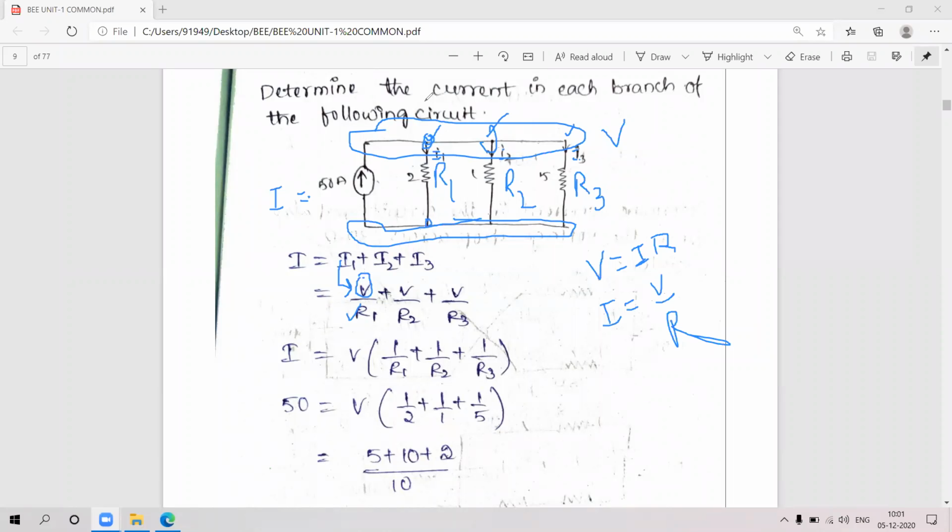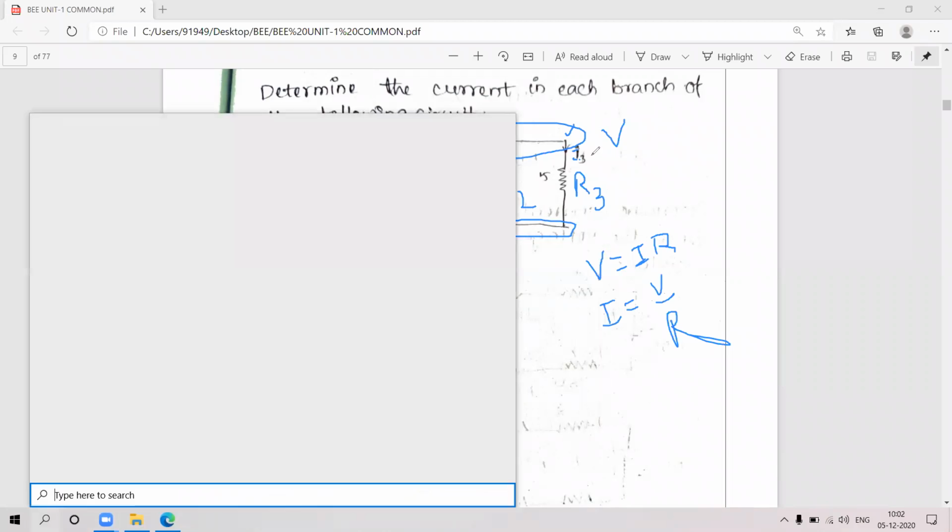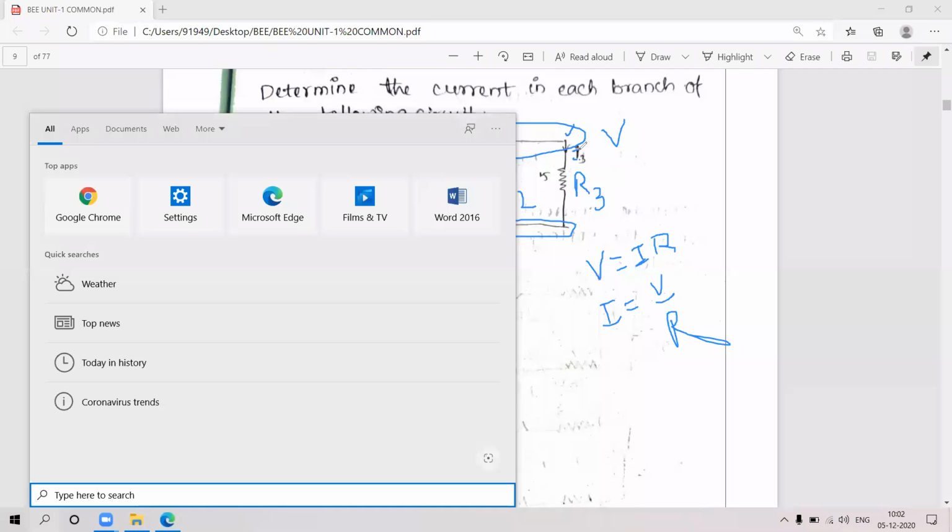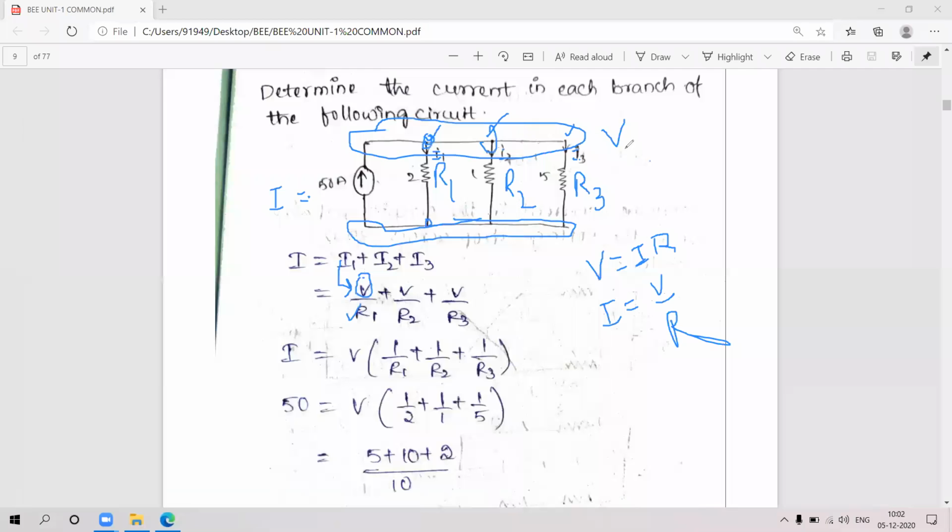Okay, you just do it in the calculator. Directly you can get the value of V. It is clear, all of you? Yes, sir.